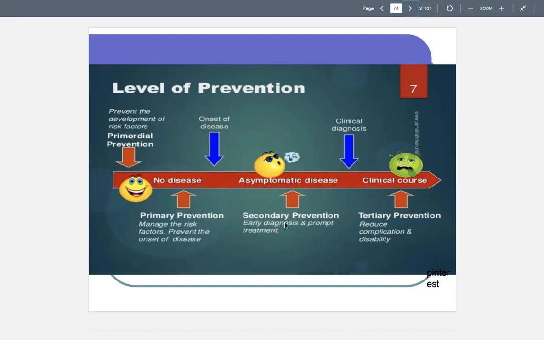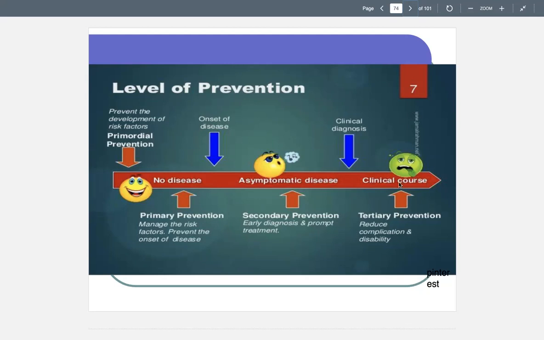So secondary prevention, kailangan ng early diagnosis para mabigyan ng prompt treatment. Okay? And then clinical diagnosis kapag meron ng apparent na signs and symptoms na yun class ay kailangang maagapan.